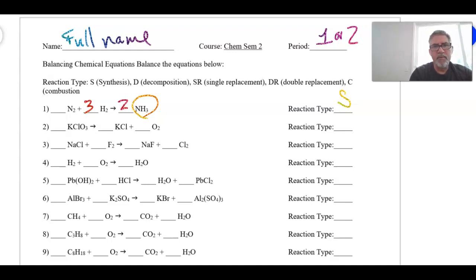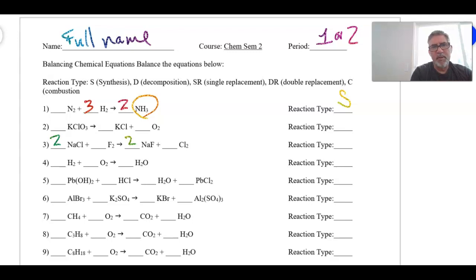So you have sodium chloride and fluorine, makes sodium fluoride and chlorine. Same thing. I'll start going one at a time. I have 1 sodium, I have 1 sodium, so I'm not going to do anything yet. I have 2 fluorines and I have 1 here, so I'll add a 2. Now I have 2 sodium, so I have to come back and fix that over here.